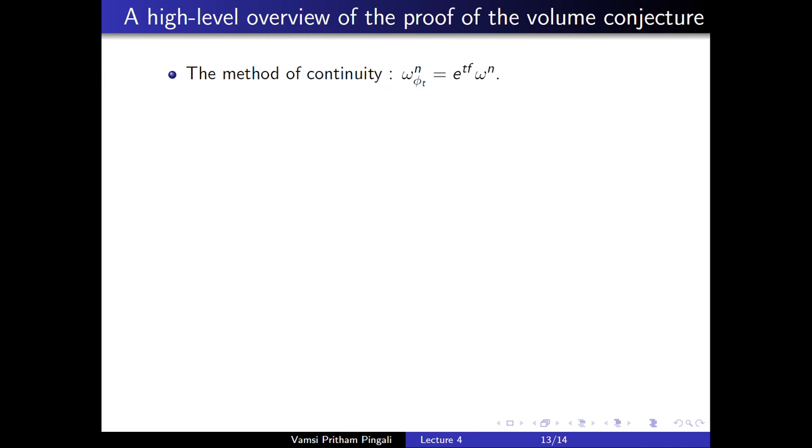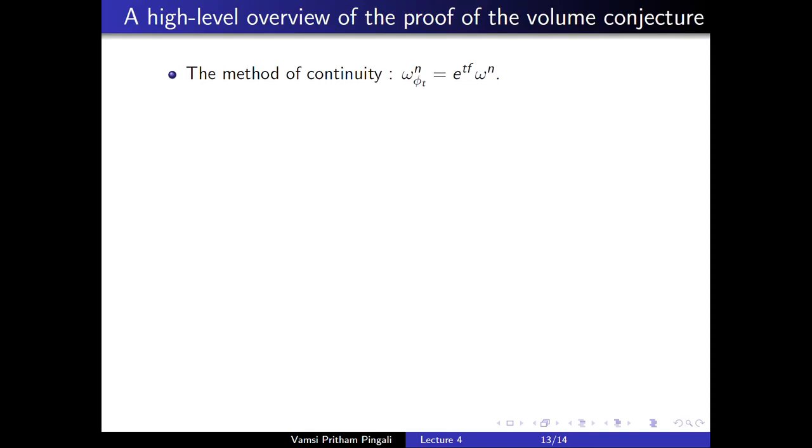Instead of the PDE you're trying to solve, come up with a family of PDEs that depend on a parameter t between say 0 and 1, such that at t equals 0, the PDE is one that you can solve, and at t equals 1, it's the PDE that you want to solve. And you somehow want to deform the solutions from one to the other.